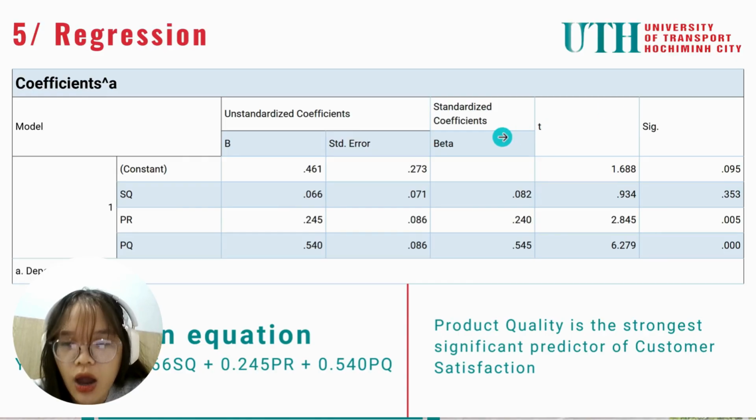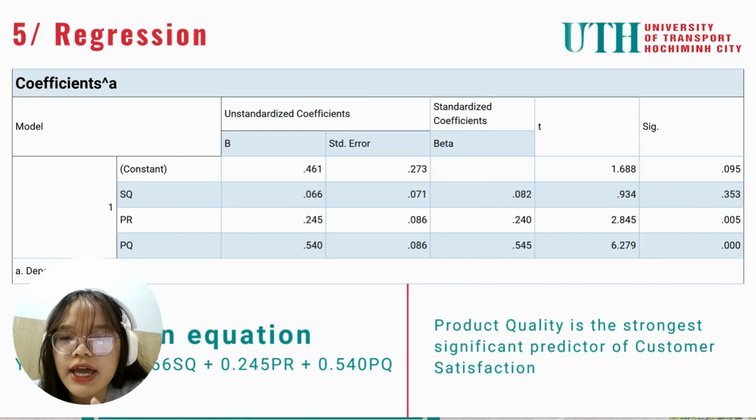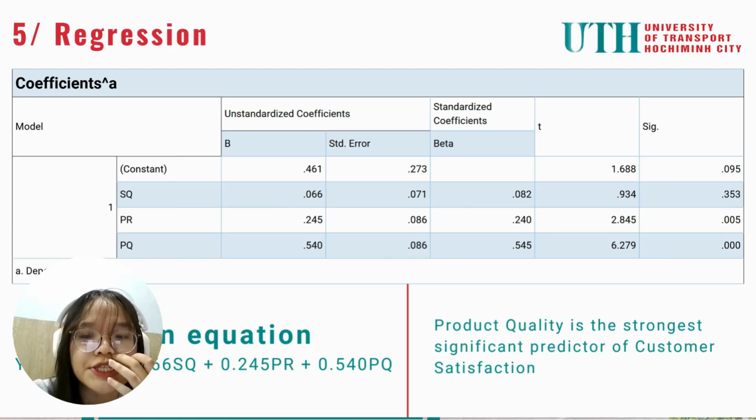So for the PR, the price perception had the unstandardized coefficient and the standardized beta. Its significance value was 0.005. Therefore, the PR has a relatively positive and significant relationship with the customer satisfaction.